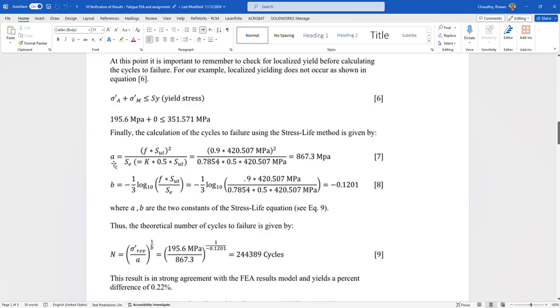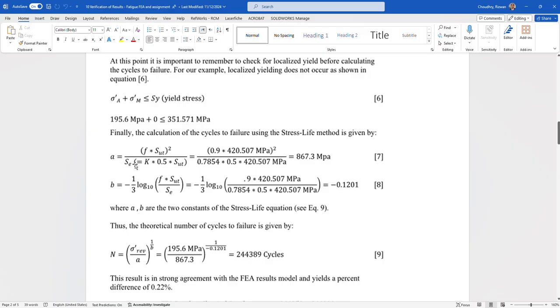In this case, the constant A is given by f multiplied by the ultimate strength. This tells you the start of the high cycle fatigue range. So it is the ultimate strength multiplied by 0.9 in our case. That gives you the strength at 1000 cycles, divided by the endurance limit strength.